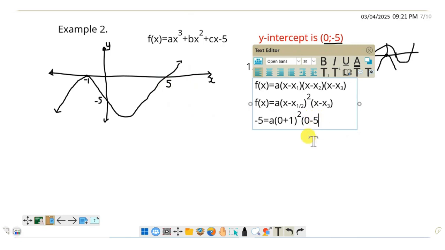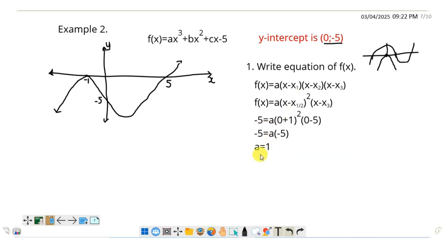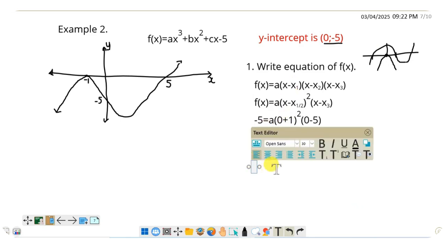So from here you can see 1 squared is 1, and 5 is negative 5, so this is negative 5 equals a times 5. Therefore a equals 1. Now we know the value of a, so once a is 1, just substitute here, simplify, and get the equation that they want us to give, f of x.